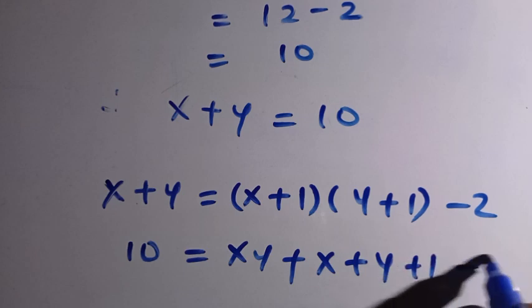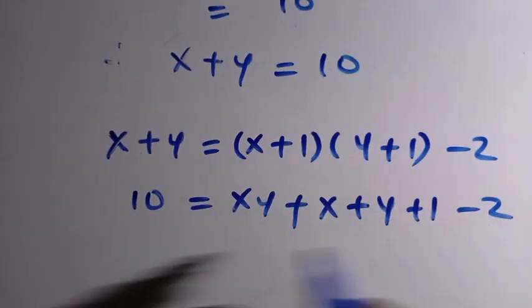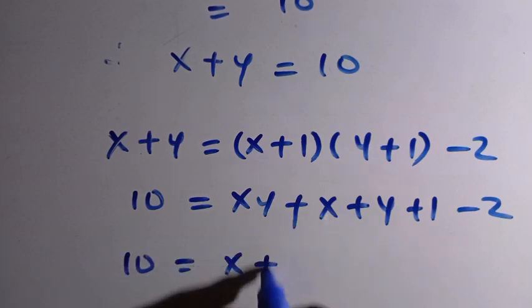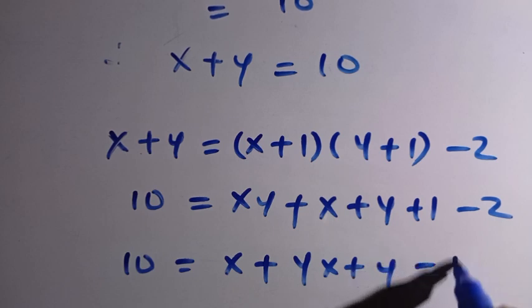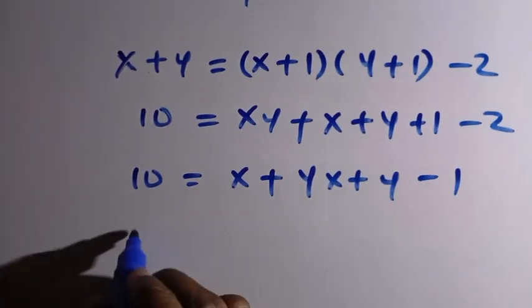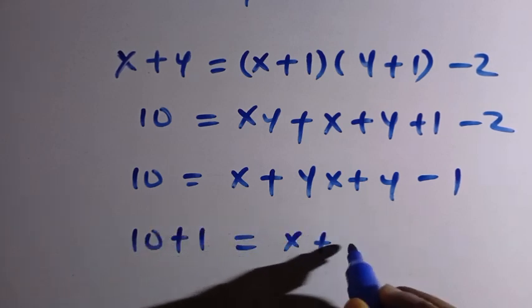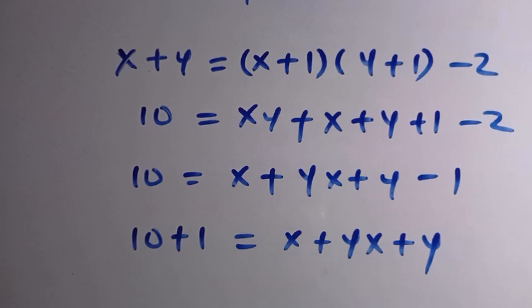Then 1 minus 2 here, we have 10 equals xy + x + y minus 1. And by taking 1 to this side, we are going to have 10 + 1 equals xy + x + y.